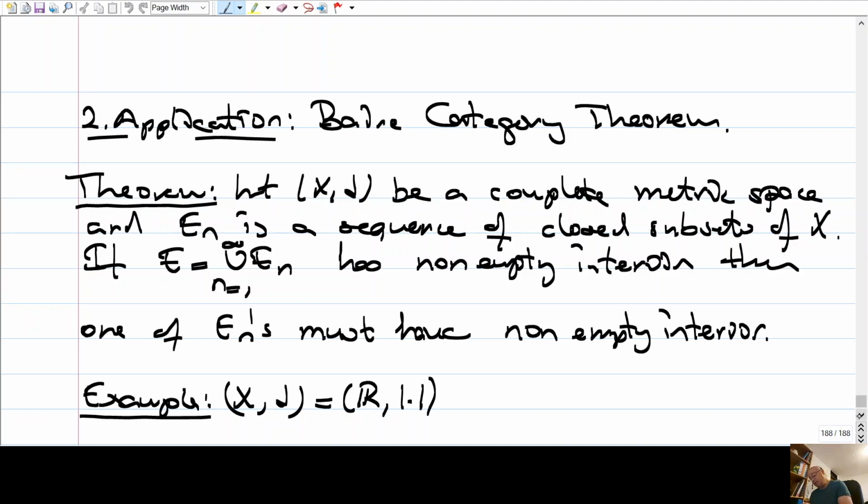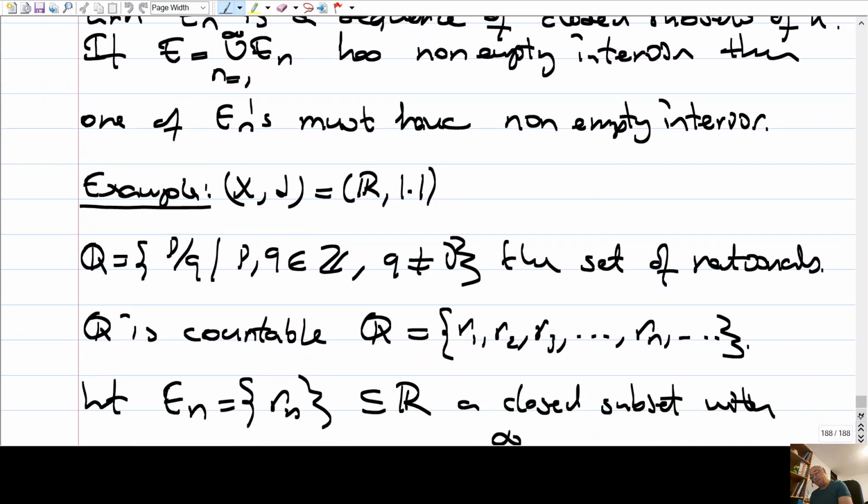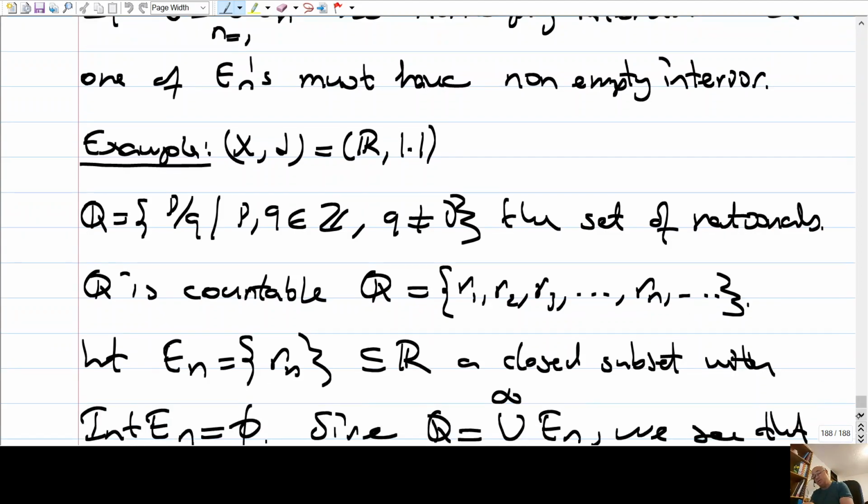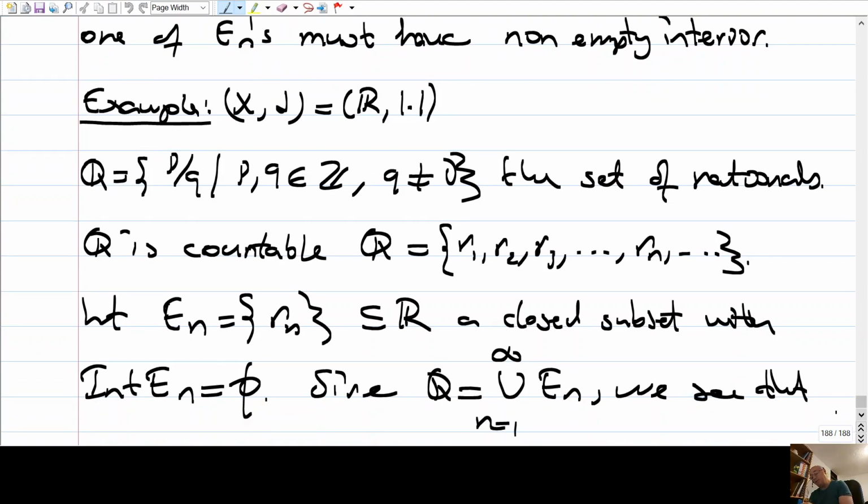As an example, we discussed this one. X is the complete metric space R with the absolute value metric, and we take the subset Q. Since Q is a countable set, I can write Q as a countable union of these one-element subsets, each of which has empty interior.